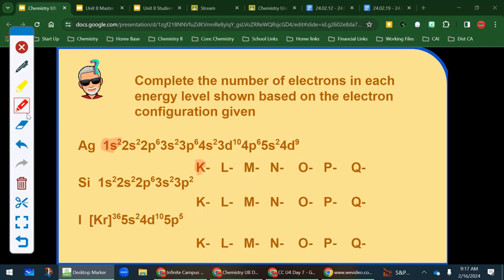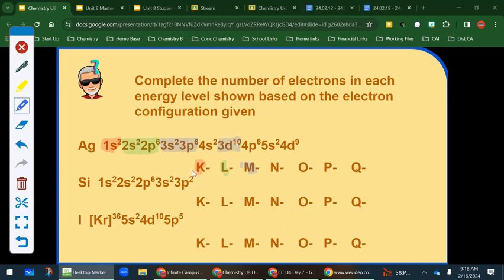For the L level, that represents the second level. You're looking for anything that has a 2 to start it. For the third level, the M is the third level. Now, here's where you need to be careful, because you've got the 3S and the 3P here, but you've also got a 3D a little bit further along.